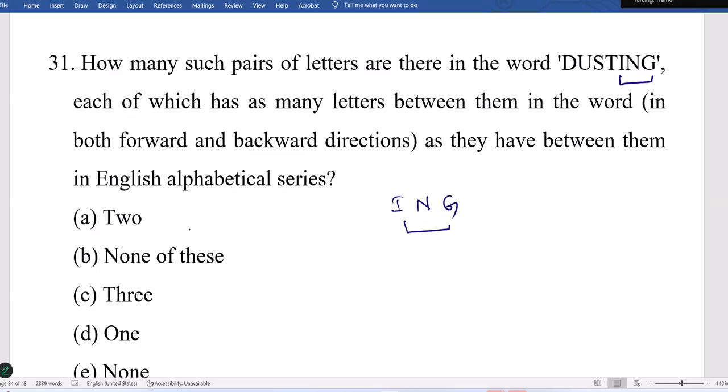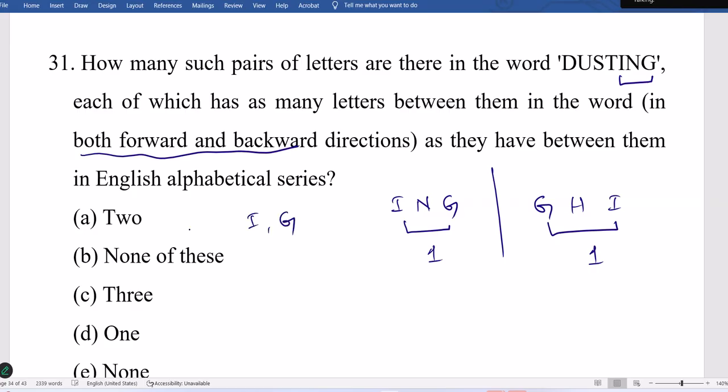One letter. In alphabetical order, forward or reverse direction, anything is okay. Between I and J, only one letter is there. They said both, so I and G is one such pair, where forward and reverse there is one letter.